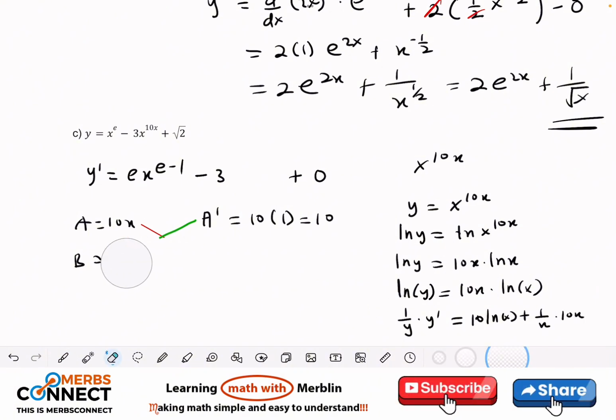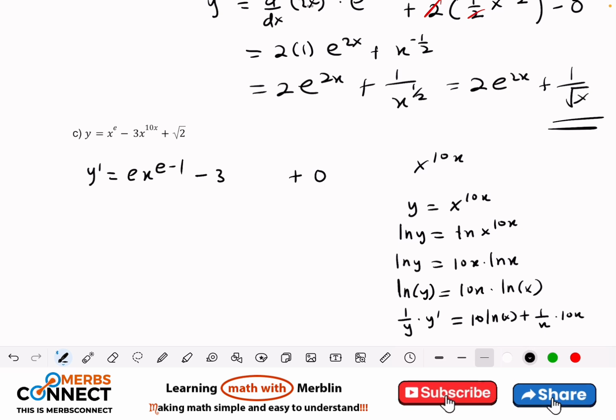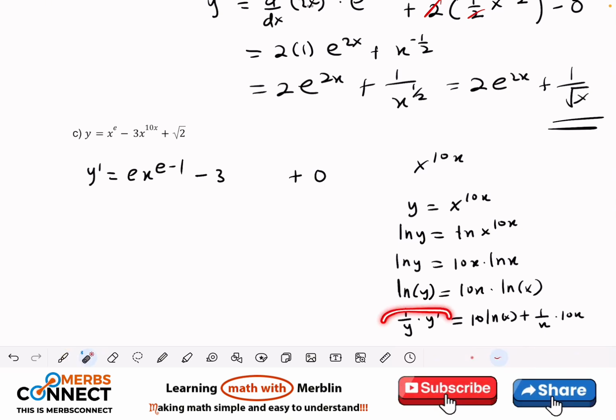So when I simplify from here, I'm going to have y prime over y, which is equal to 10 ln x plus, then x will cancel x, so I'm going to have plus 10.